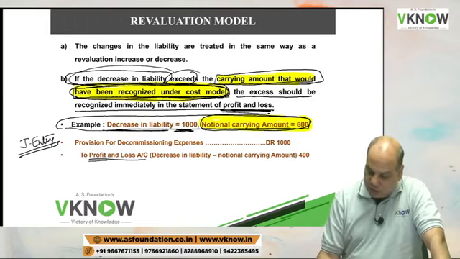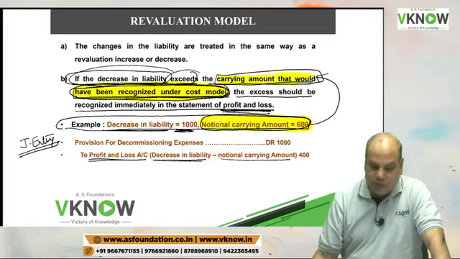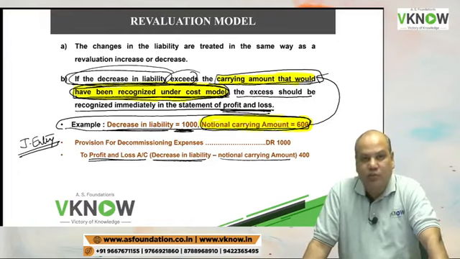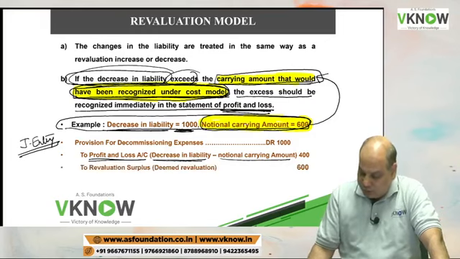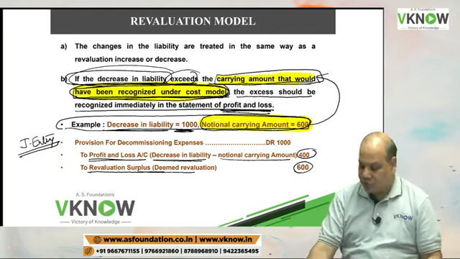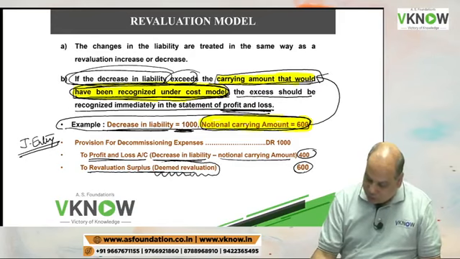The difference between the decrease in liability and the notional carrying amount, 400, is treated as a gain in the P&L account, and the remaining 600 goes to revaluation surplus. This is treated as deemed revaluation.